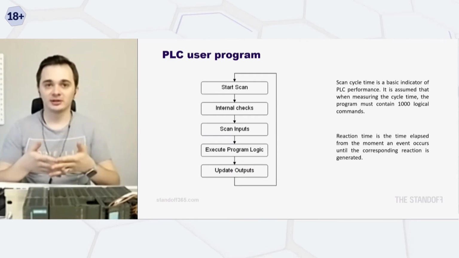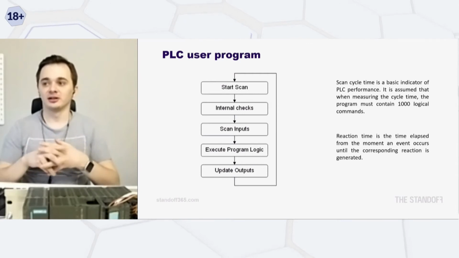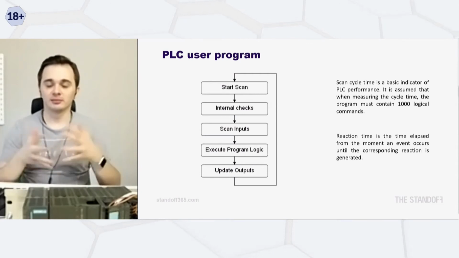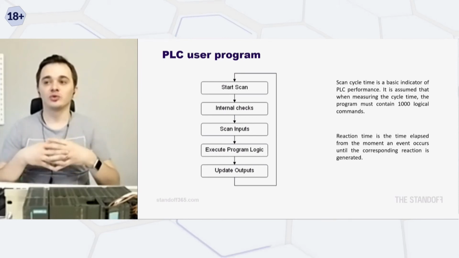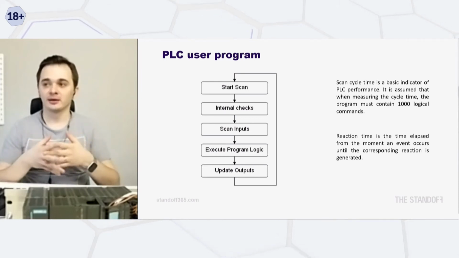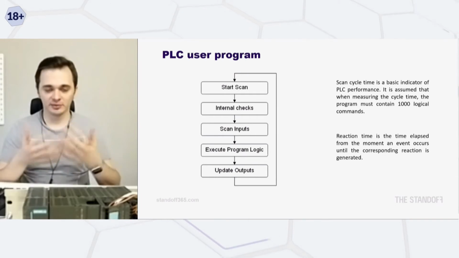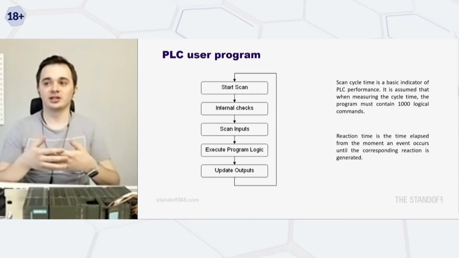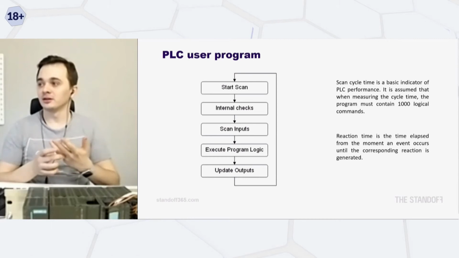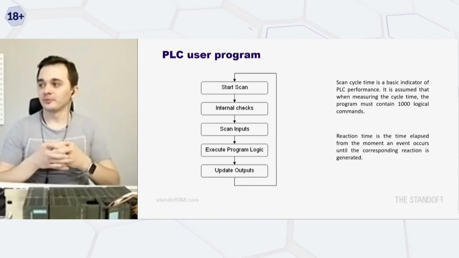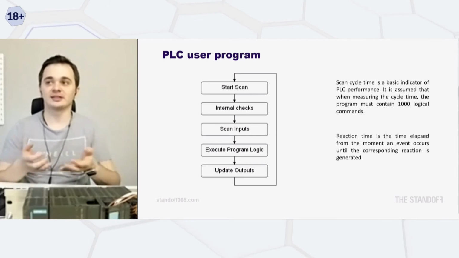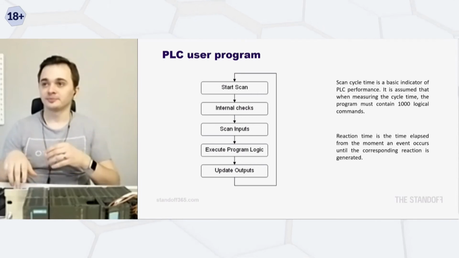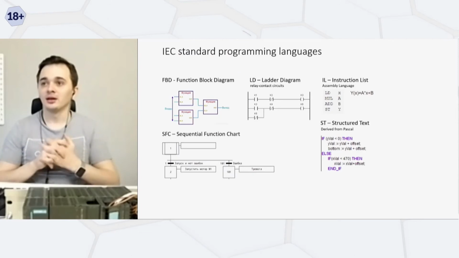After that, the program logic is executed, and it is the program that engineers or integrators coded. And after this program is executed, the output values are updated. And this happens every time, because this is a cyclical program.